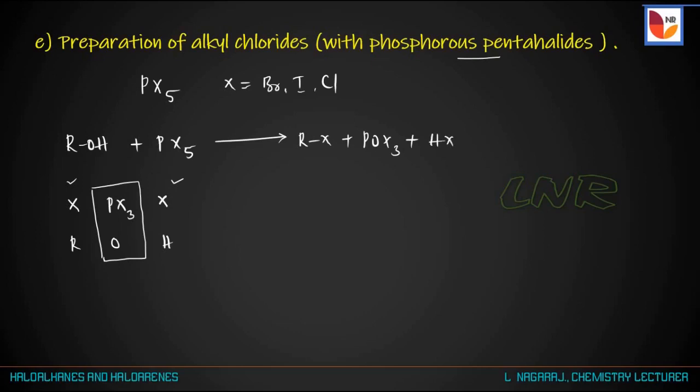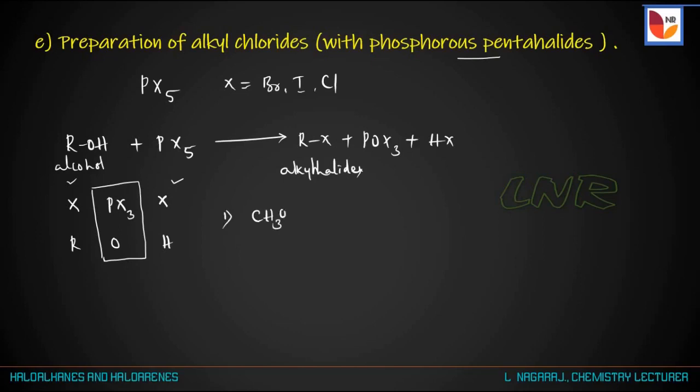That is, when the alcohols react with phosphorus pentahalides, it gives alkyl halides. For example, let us take methanol.